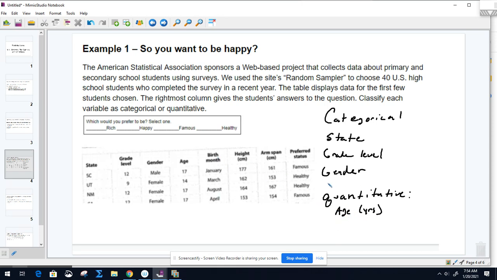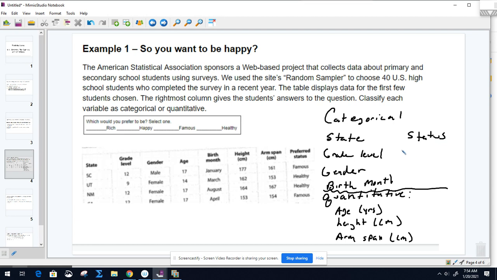Birth month would be categorical. Height is quantitative, and that's in centimeters. Arm span is also quantitative, and that's in centimeters. And then the last one, preferred status, would be categorical.